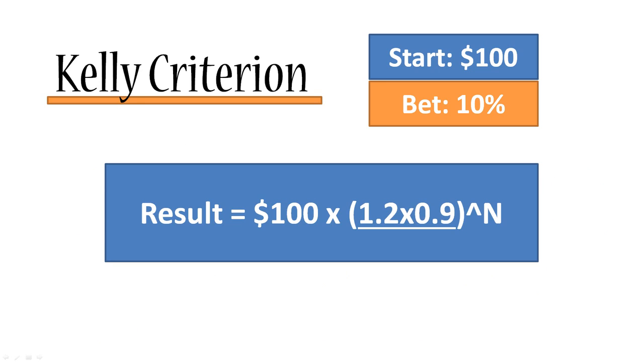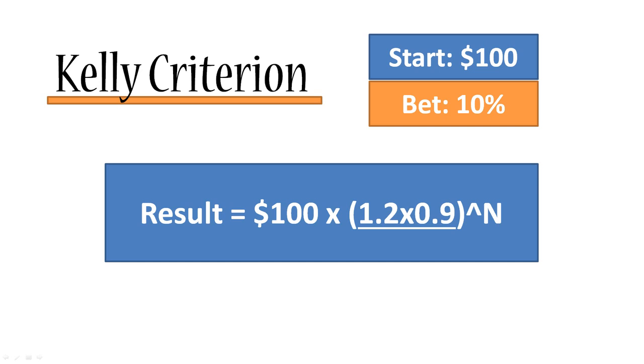So that's the result again, and in that way our analysis is now much easier to do, because all we have to do is look at that underlined part. What is in those brackets? Depending on what percentage of our account balance we bet, all we have to do is analyze what 1 heads times 1 tails will give us, and that way we will know in the long run are we going to win or are we going to lose, because all that's going to happen is that same result is going to be applied over and over and over again.